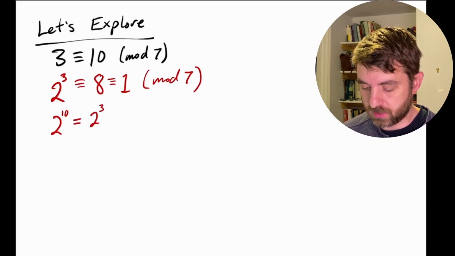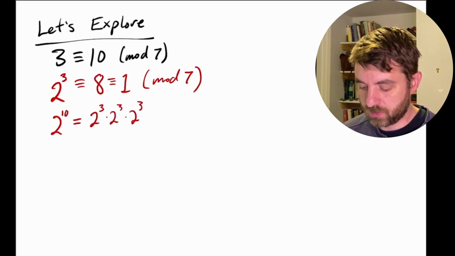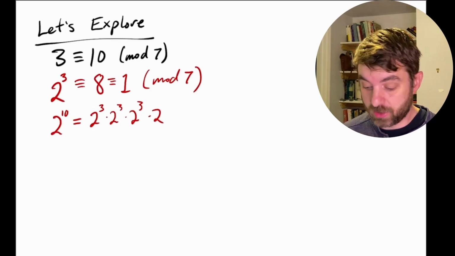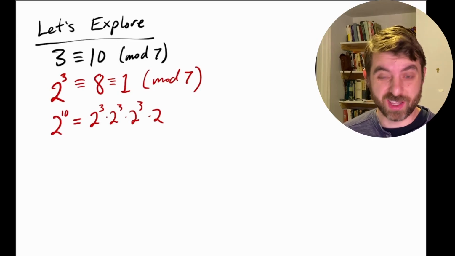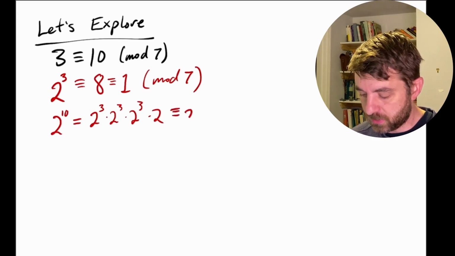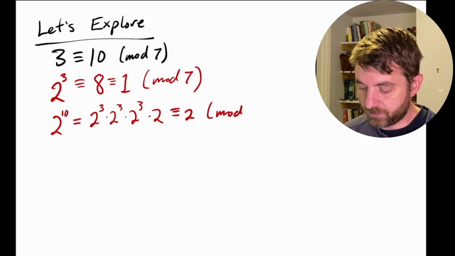It wouldn't be too crazy to write 2 cubed times 2 cubed times 2 cubed times 2, because there's one more. And I already know that 2 cubed is congruent to 1 mod 7, so this is like 1 times 1 times 1 times 2. The whole thing comes out to be just 2 mod 7.